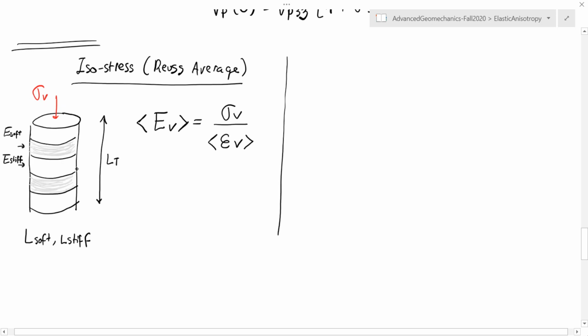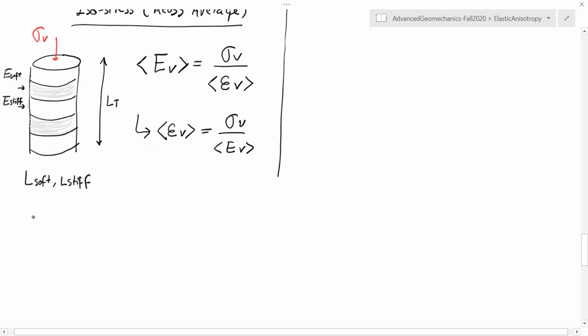And in order to do that, I have to first find the effective vertical deformation. From the equation above, the effective vertical deformation is going to be proportional to the stress applied divided by the effective Young modulus.